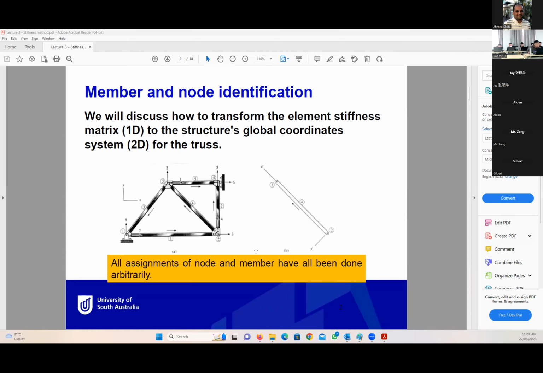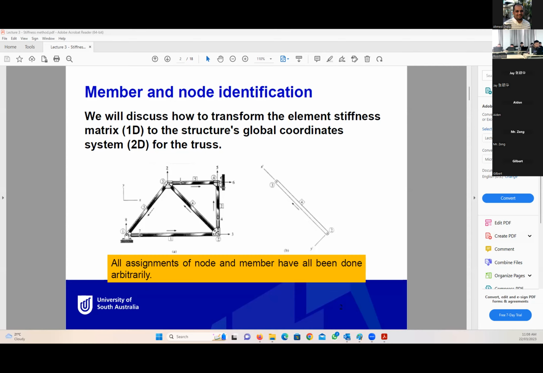So the idea of this numbering is to start with the unknowns. As you know, node 3 and node 2 are free nodes, so they will move in X and in Y. So displacements 1, 2, 3 and 4 are unknowns for us. So that's why we start first with these 4 unknowns.